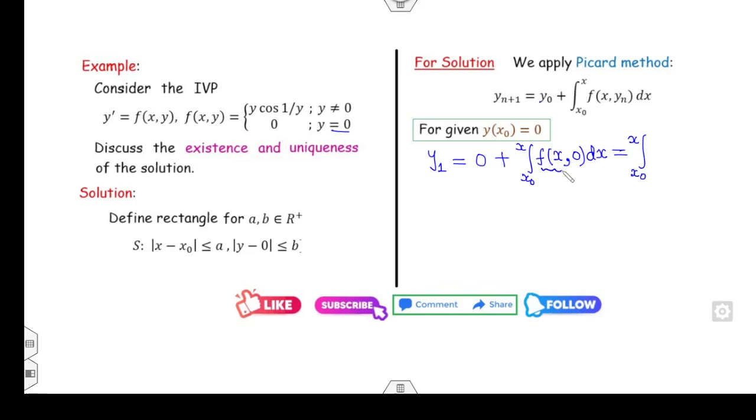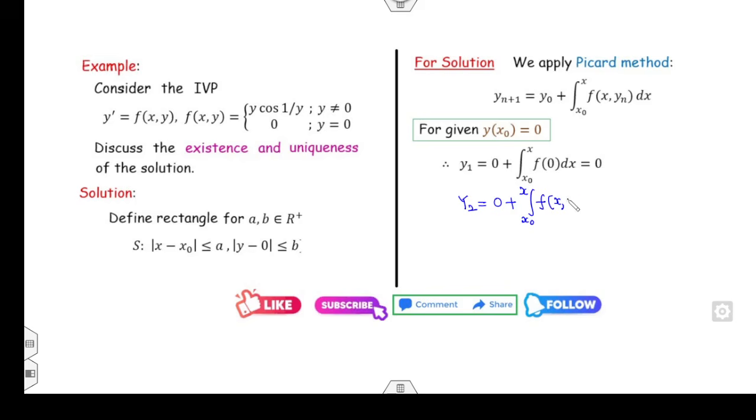What is the value of f of x comma y0? That is my 0. Fine. So y1 will be 0.